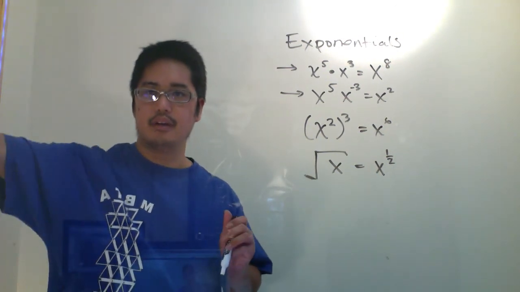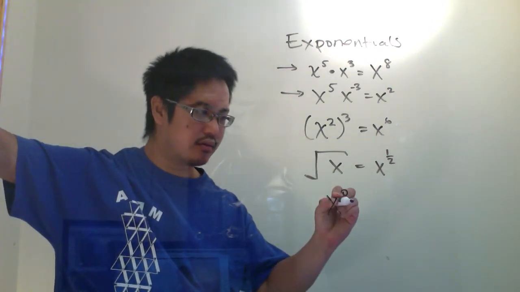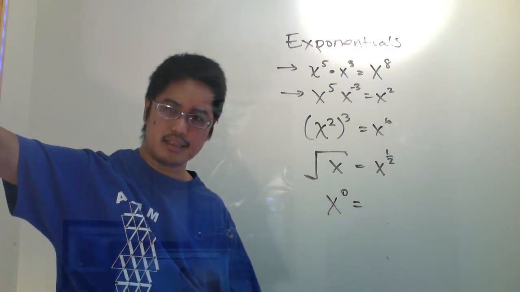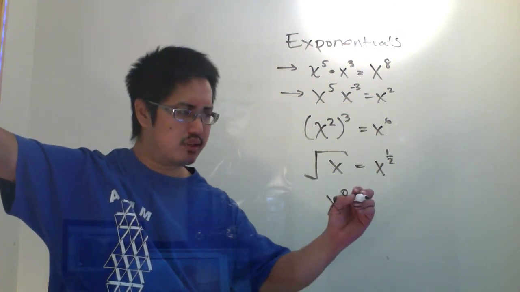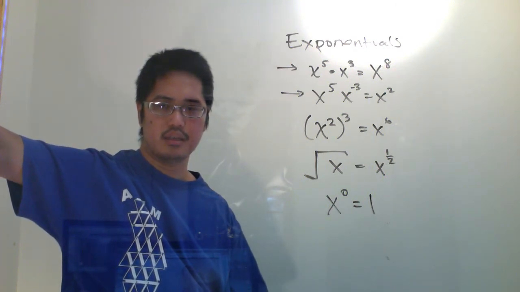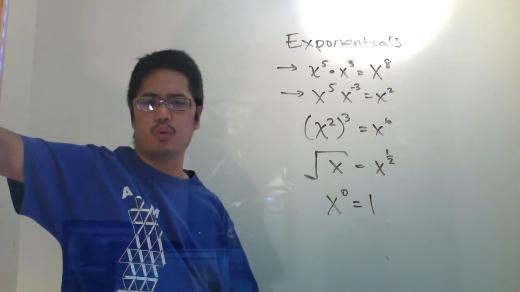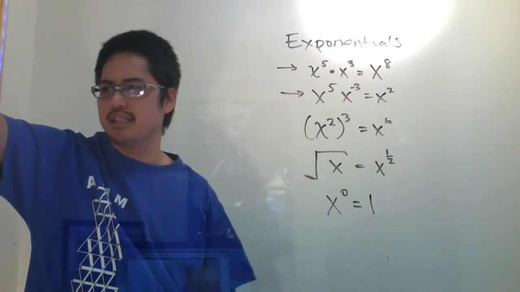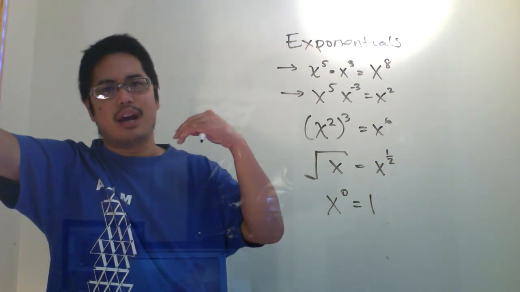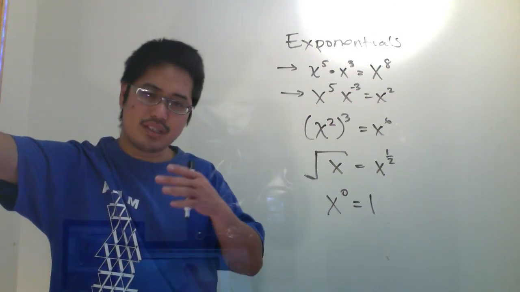All right, and then the last one I can think of is maybe x to the 0th power. It doesn't matter what x is. Anything to the 0th power is equal to 1. Actually, it's not just a rule. It makes sense, but I haven't taught you the math skills to be able to really decipher the rule for now, so for now just kind of accept it.